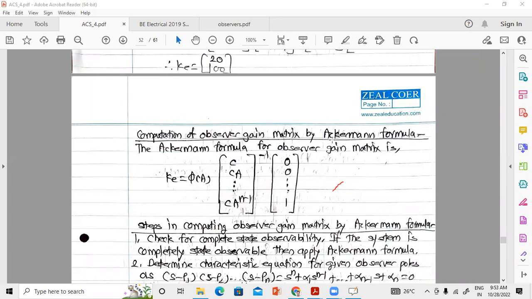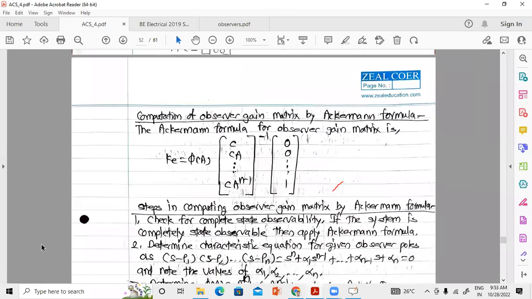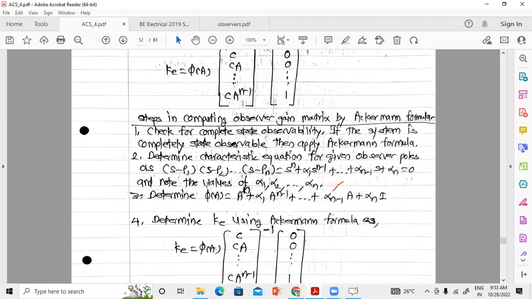Okay. Next method is Ackermann's formula. Again, the same procedure is used for this as well. Here again check whether the system is completely state observable or not. If the system is completely state observable, then apply Ackermann's formula.